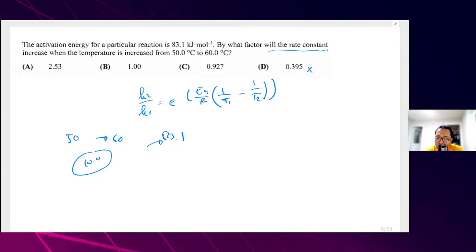And again, option C says the rate constant decreases. That's the opposite of what we expect. We want the rate constant to increase because we increase the temperature.